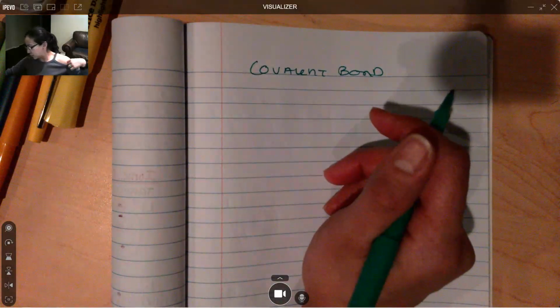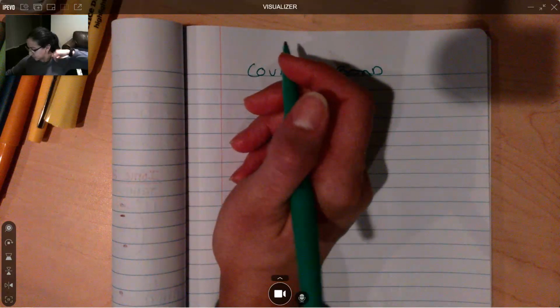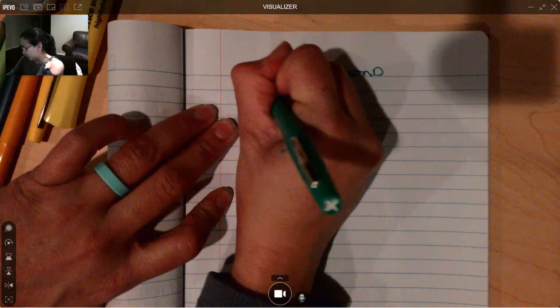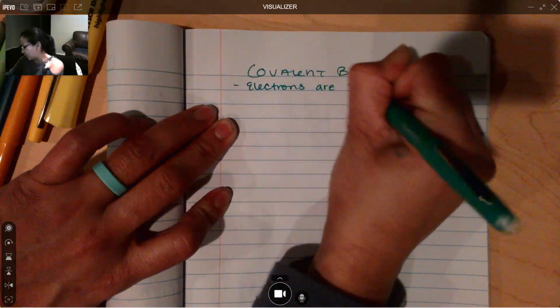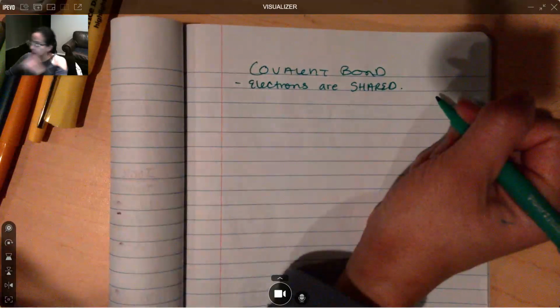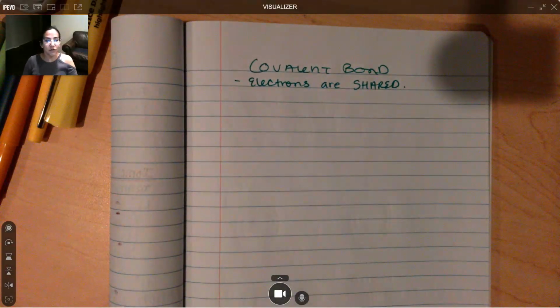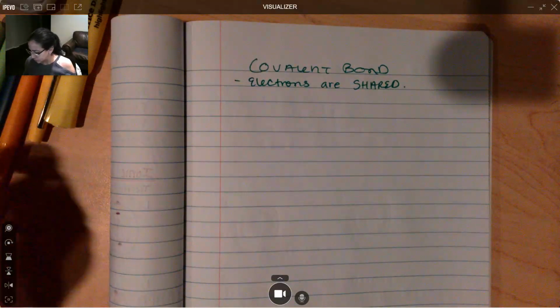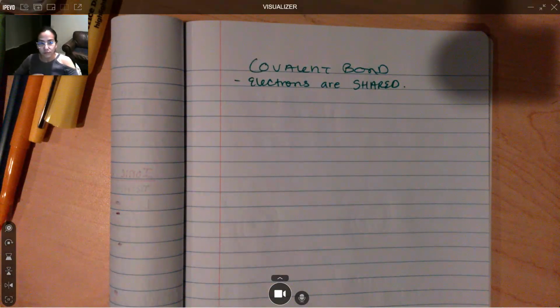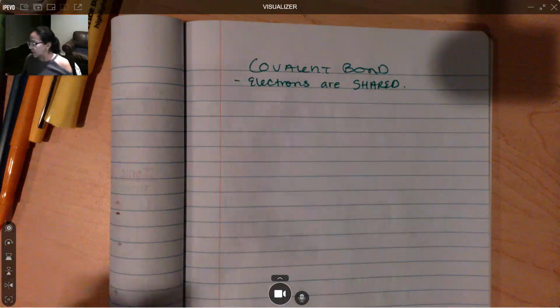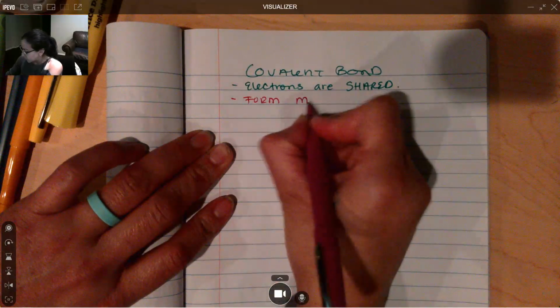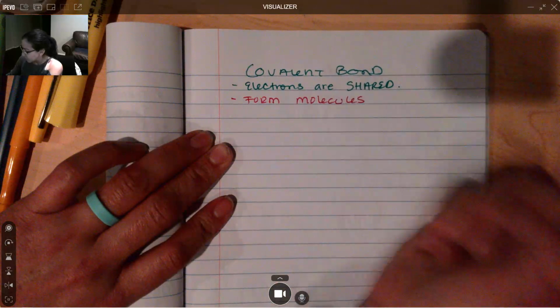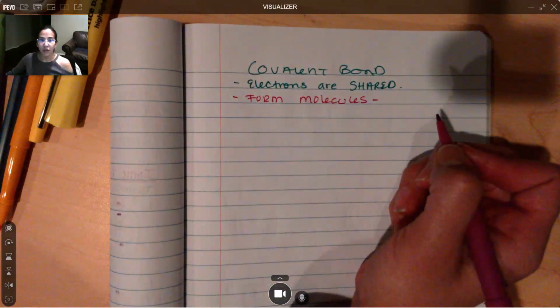Electrons are shared in a covalent bond. And they form molecules.